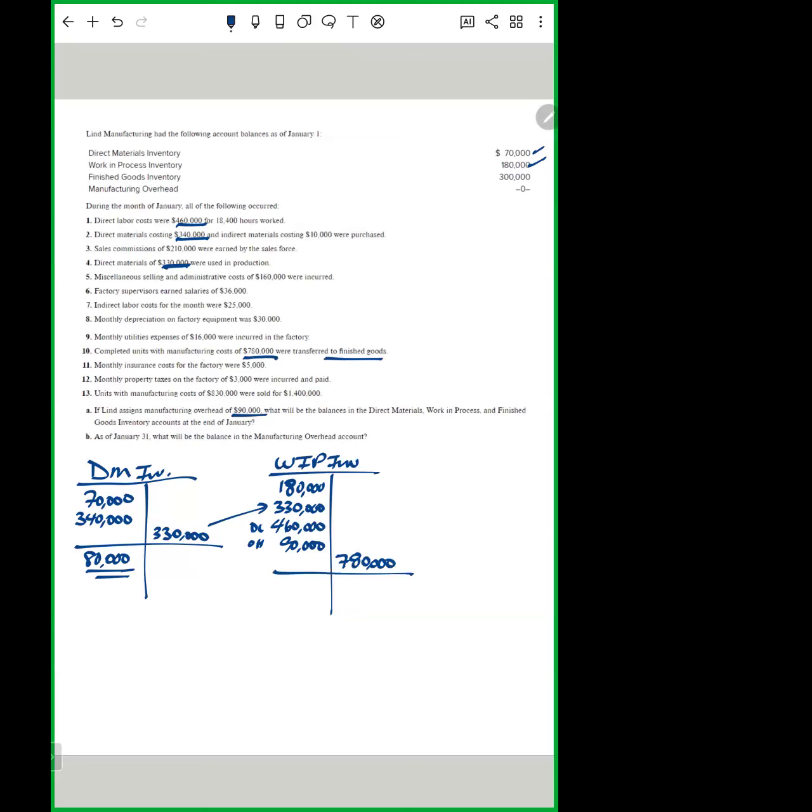All right, so if we do that math, the 180 plus the 330 plus 460 plus the 90 minus 780, I get 280 as my ending balance in work in process. Okay, so then that brings us to finished goods inventory.